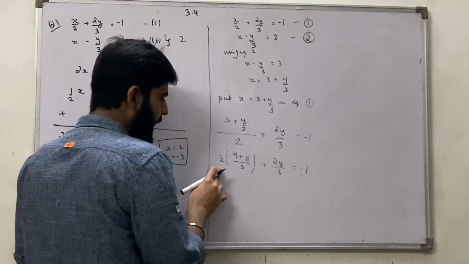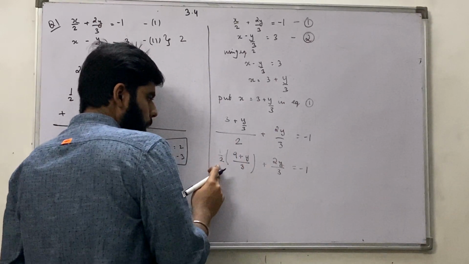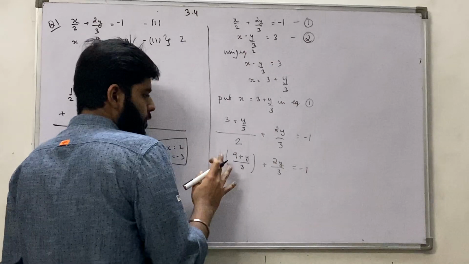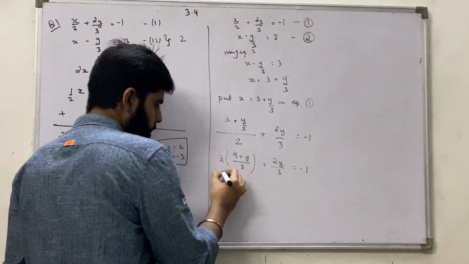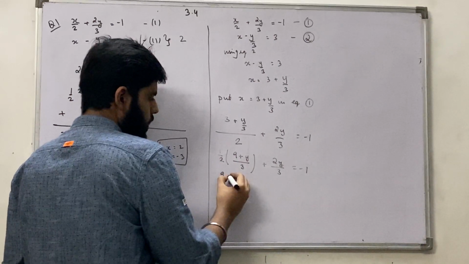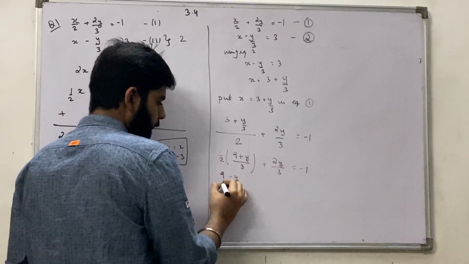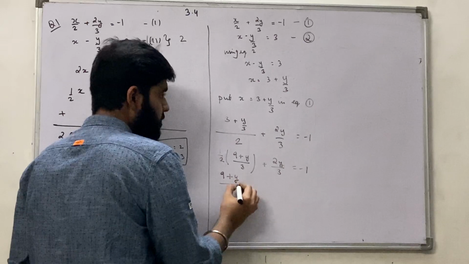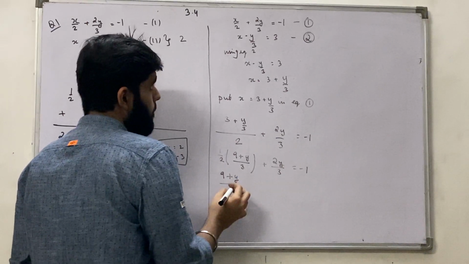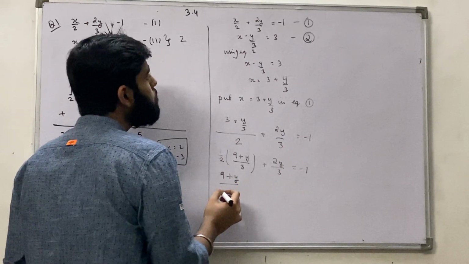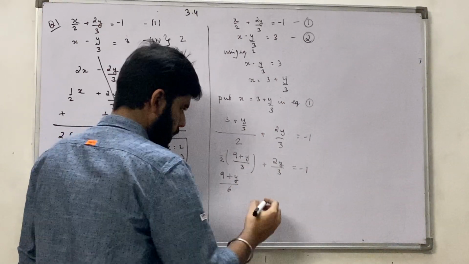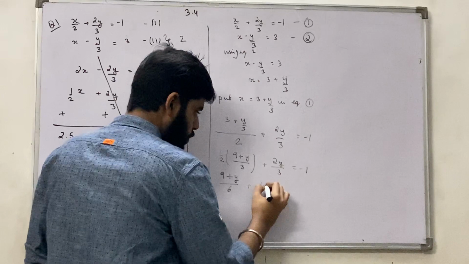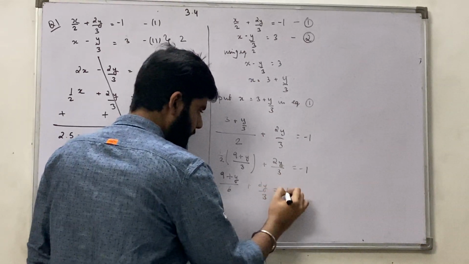Now we will open up the bracket. This will multiply by both of them. What will this come out to be? 9 plus y divided by 6 plus 2y by 3 is equal to minus 1.